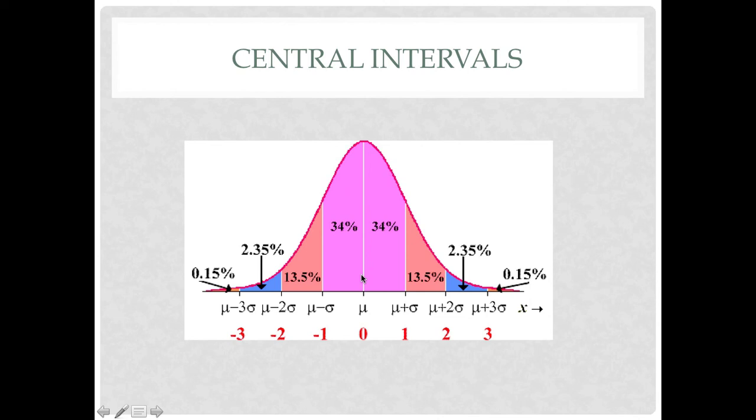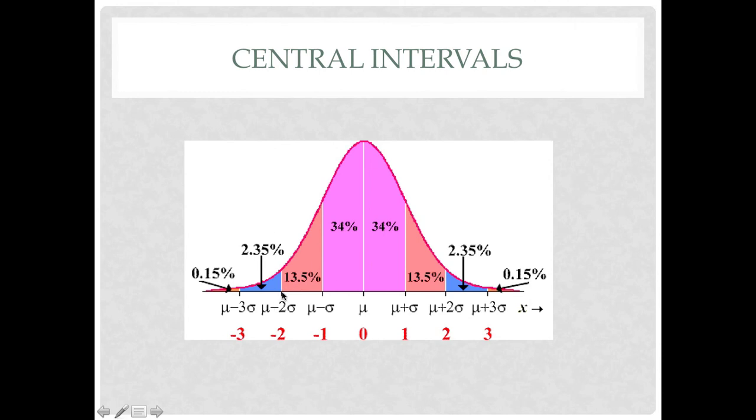So 95% of the data is within 2 standard deviations of the mean. But if you were looking at between the mean and -2 standard deviations, you could add these 2 numbers up just to get that part only.